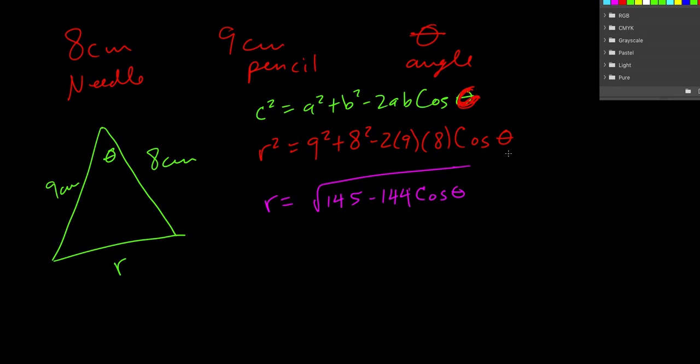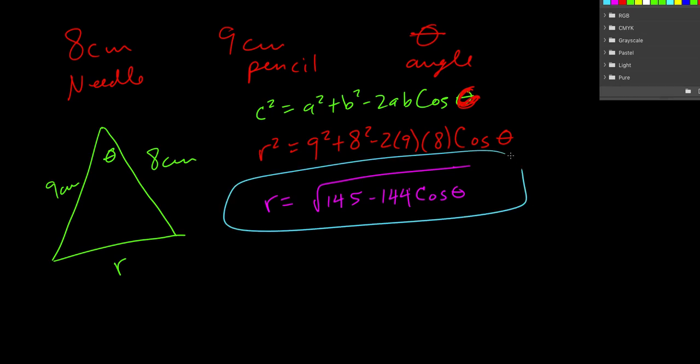Anytime we hear the phrase rate of change in a calculus situation, we're going to take the derivative. So I'm going to rewrite this as 145 minus 144 cosine theta, raised to the 1/2.